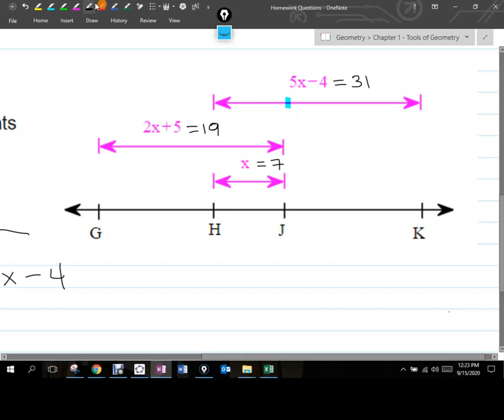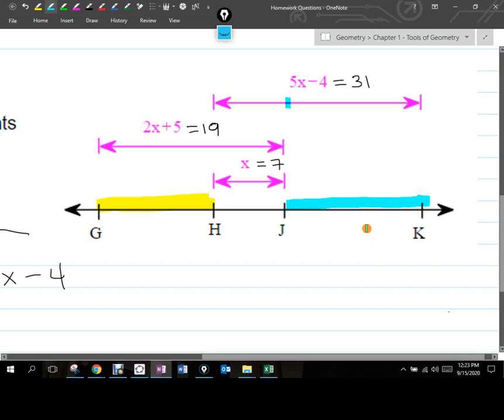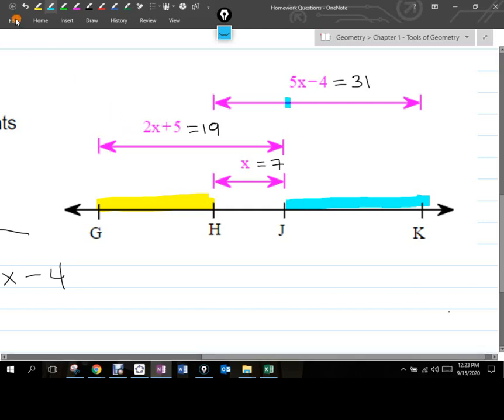Now, basically what they're asking for is what is that length right there, and what is that length right there, correct? They want those two colored distances. But right now, based on the image that they gave us, we don't have specific formulas or expressions for those. So we can do it one of two ways. We can actually create the expression, or we can think about it through just the numerical values that are existing.